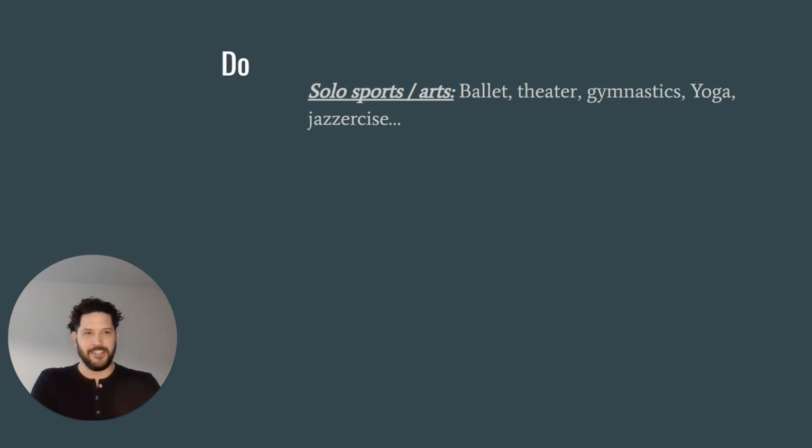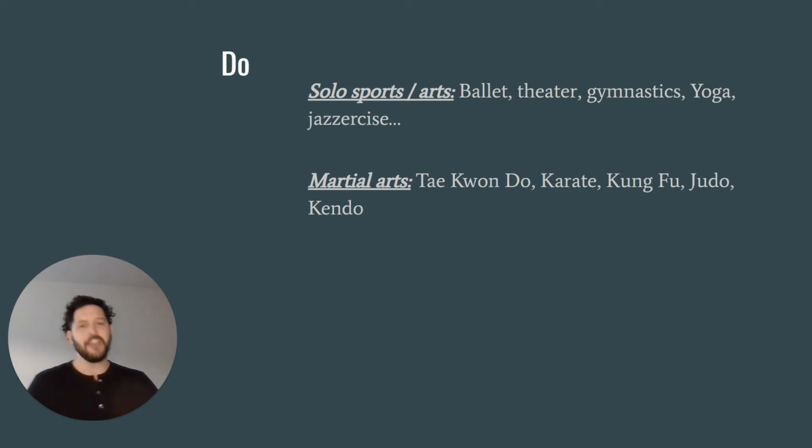I don't know what jazzercise is, but I know that people do it. The other one, we do martial arts, fighting sports. So you do taekwondo, you do karate, you do kung fu, you do judo and kendo. Those are all things that you do.